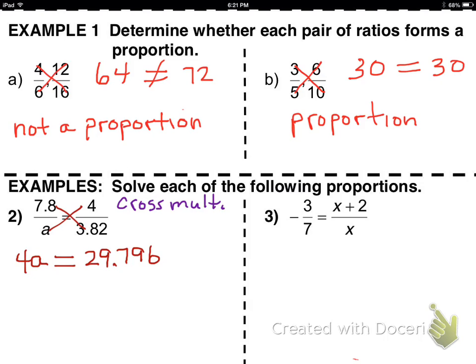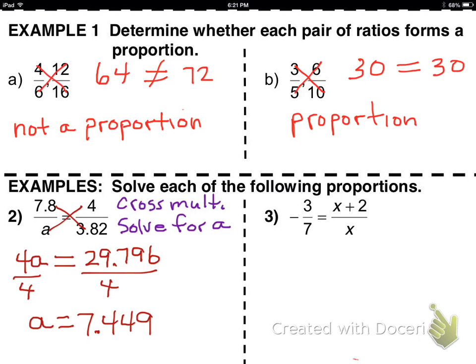Now that gives us a simple one-step equation to solve for A. And to solve for A, we'll divide by 4, and we get A equals 7.449. In other words, for these two ratios to be a proportion, then A must be 7.449.